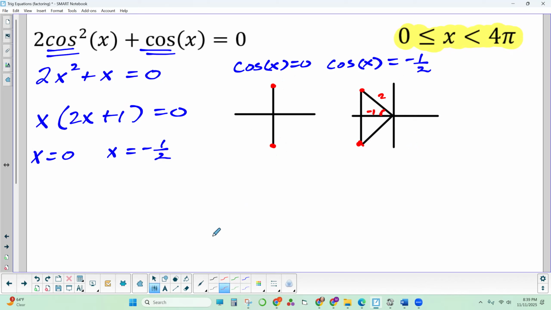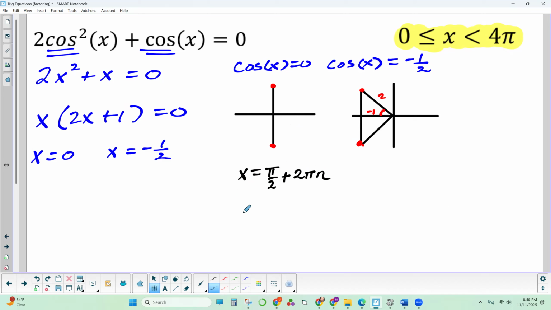So what I'm going to do is list all of my angles. I've got x equals pi over 2, and I'm going to add a period of cosine, 2 pi n, where n is just any integer.